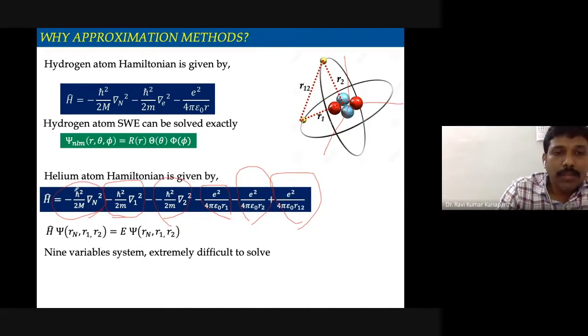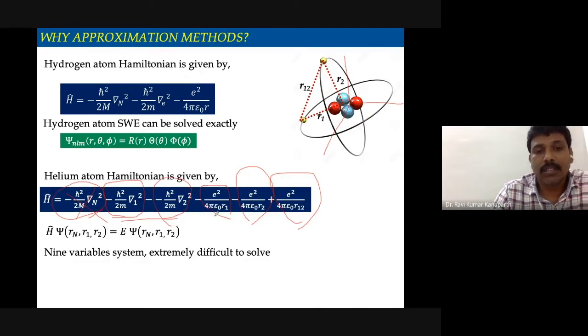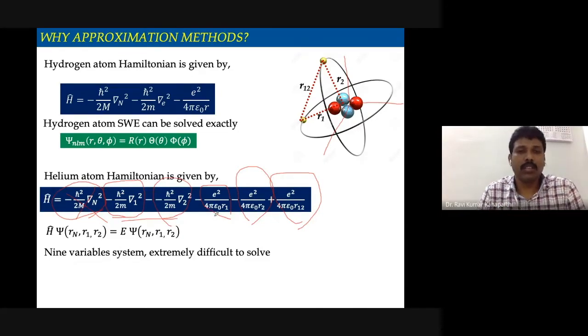So by placing the origin at the center of the nucleus, we can omit the first kinetic energy term. Even in that case, we will have 6 coordinates, and apart from that we have the 3 potential energy terms. So there are 5 terms in the Hamiltonian.